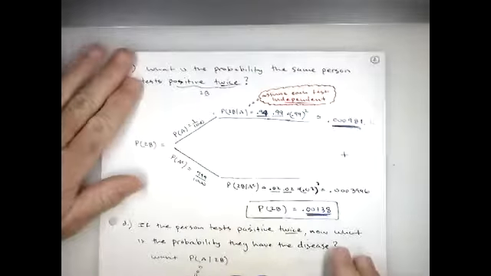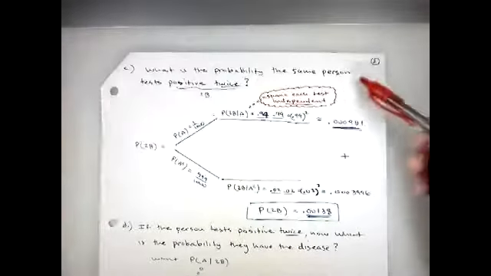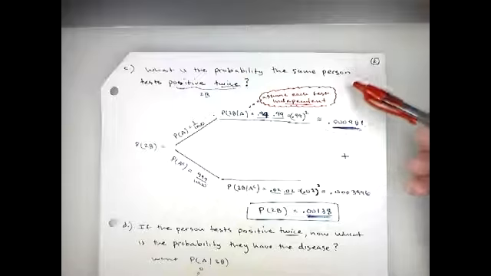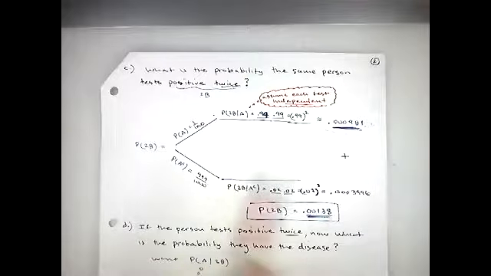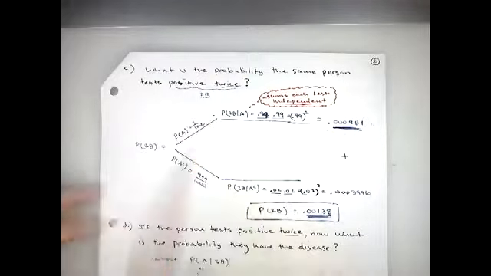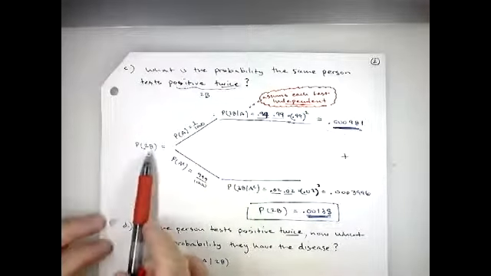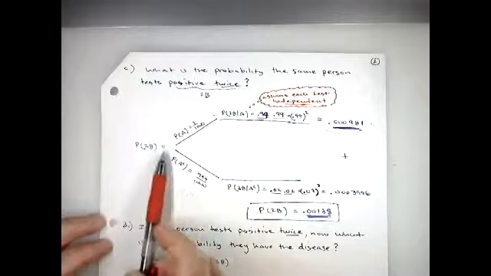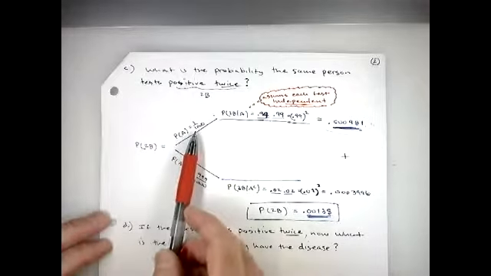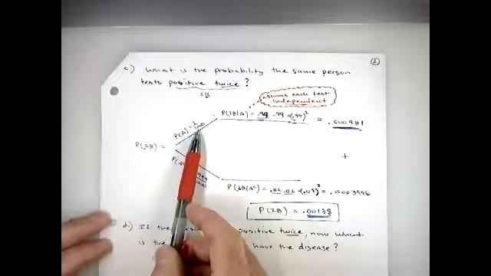Okay, I'll just put this all up here. So what is the probability the same person tests positive twice? We'll call 2B testing positive twice. Once again, that can come from people who have the disease and who don't have the disease, so we'll do a tree diagram here. 1 over 1,000.